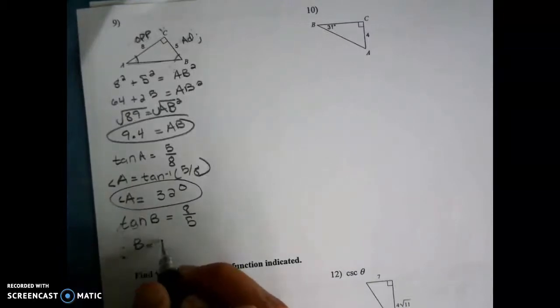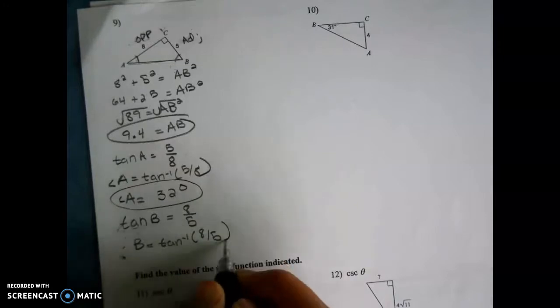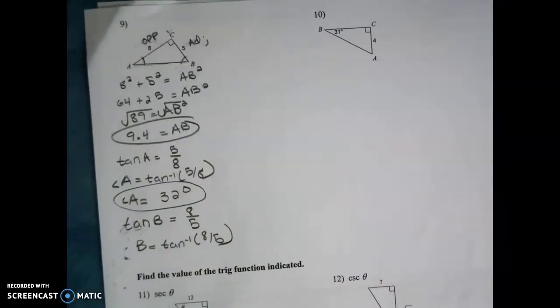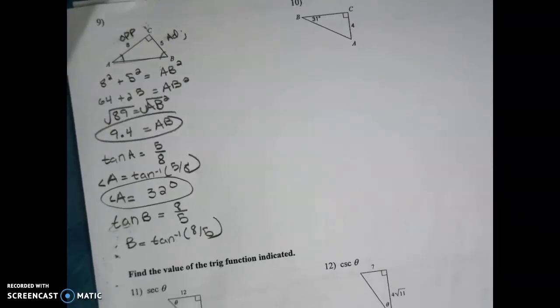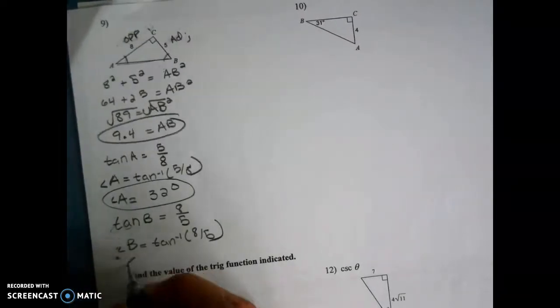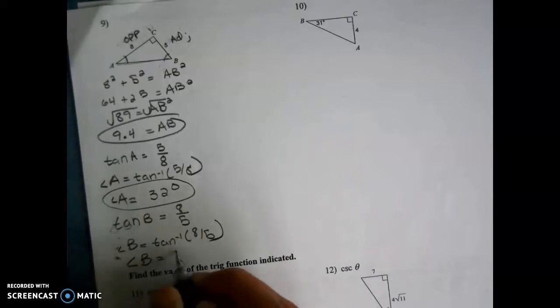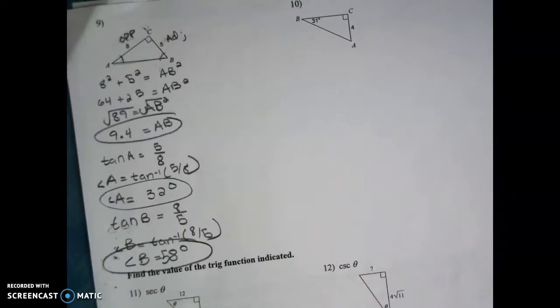We get B is equal to the inverse of tangent 8 over 5. Plug that into our calculators. We get about 58 degrees. Okay, so there's number 9.